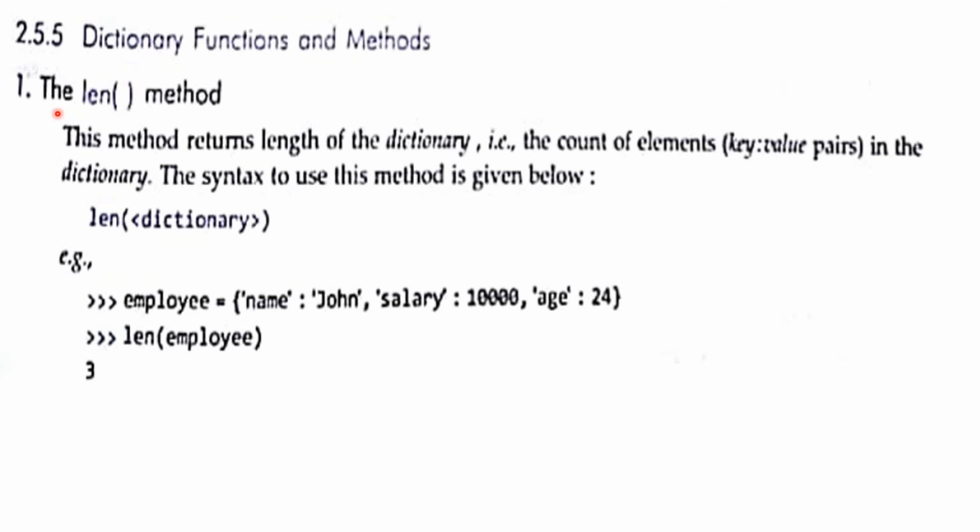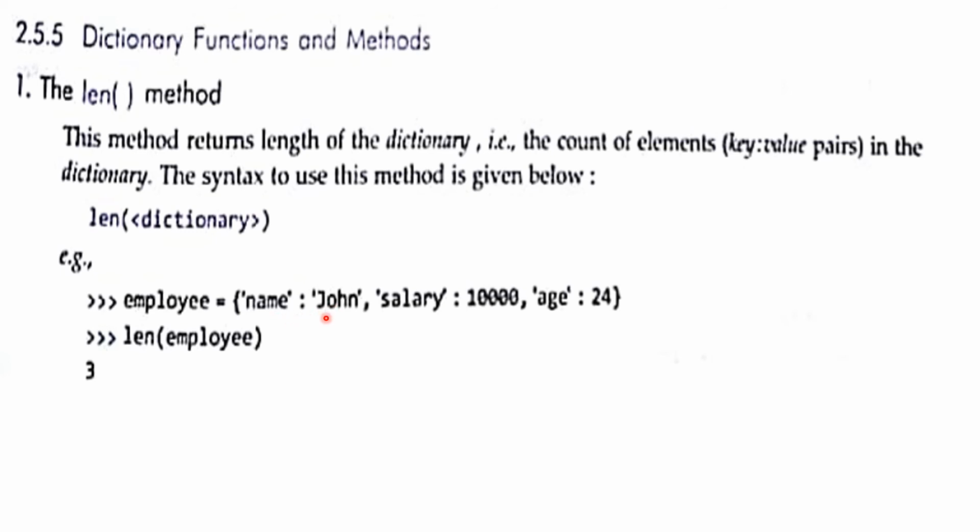The first one is the length method. This method returns the length of the dictionary, that is the count of elements. As we have already seen in string, list and tuple, in the same way in a dictionary we can count the number of elements, or you can say the number of keys in the dictionary, because a key pair is one value in the dictionary.